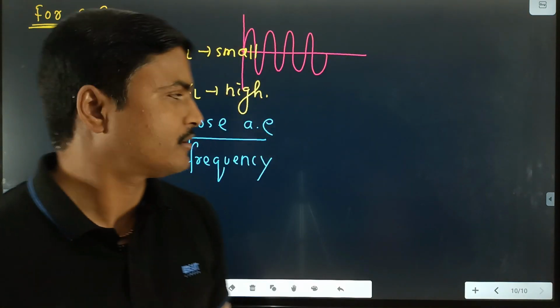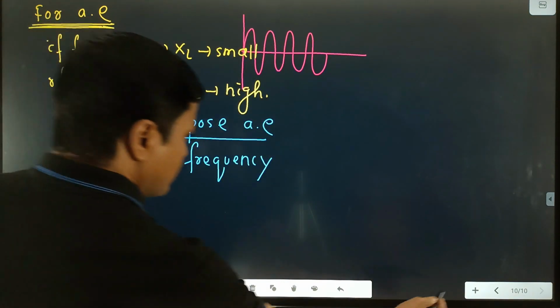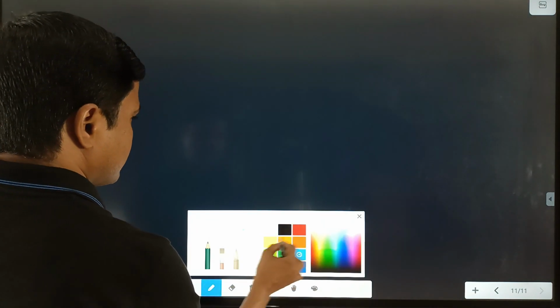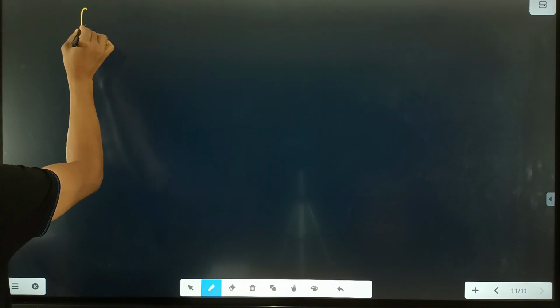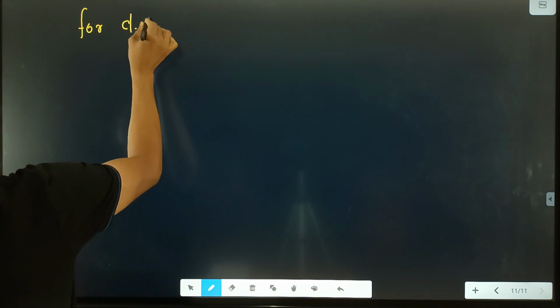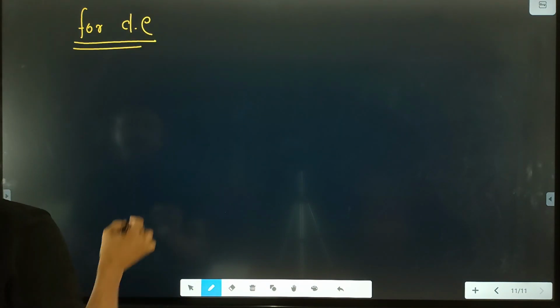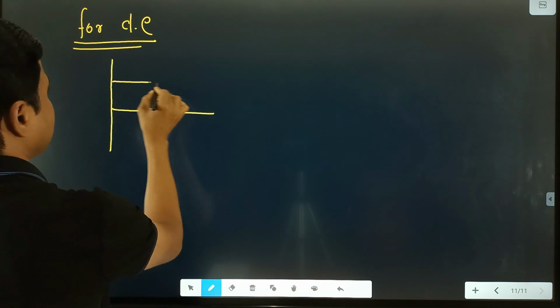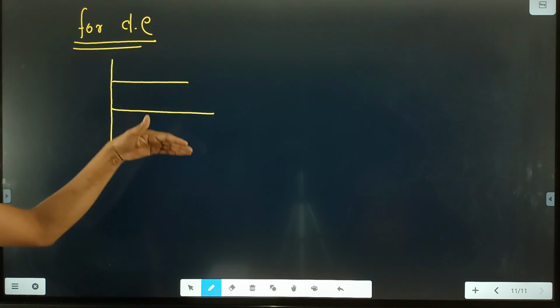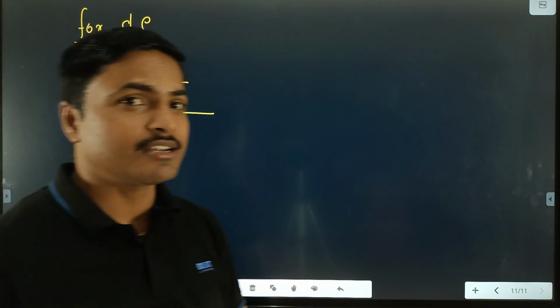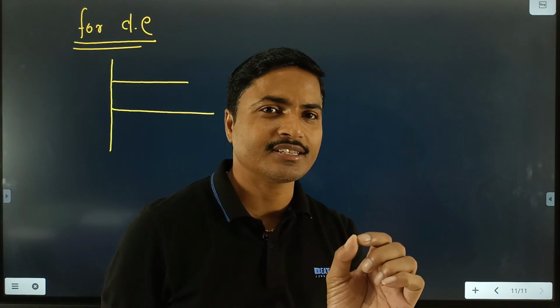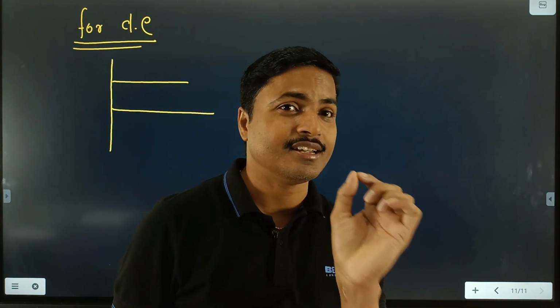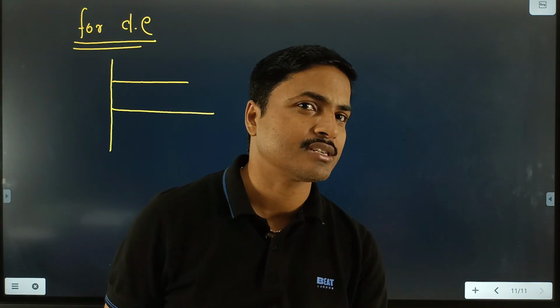Clear? Then for DC, for direct current, this one is the graph of direct current. That means its direction is not changed, because direct current means its direction always remains constant.